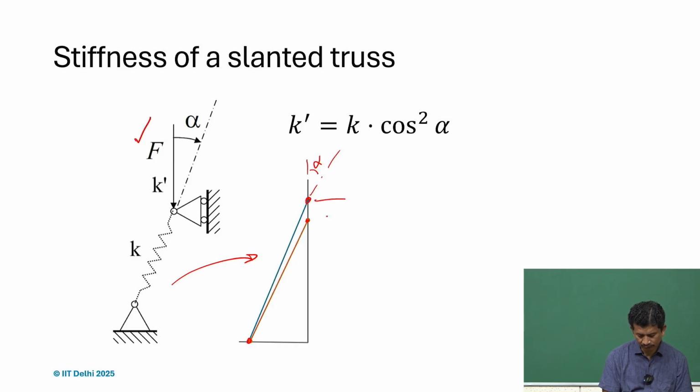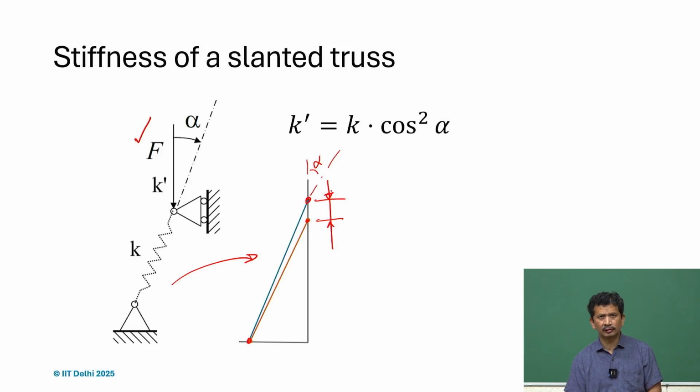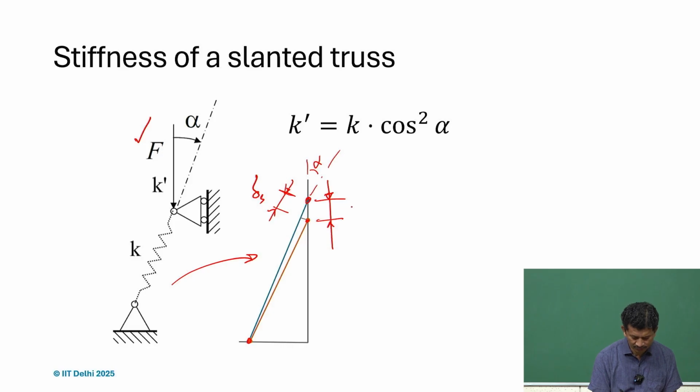So this is the displacement because of the force F, but we also realize what the deformation in this spring is. So we drop a perpendicular, and this is delta S, and this you can say delta prime, again for very small deformation.